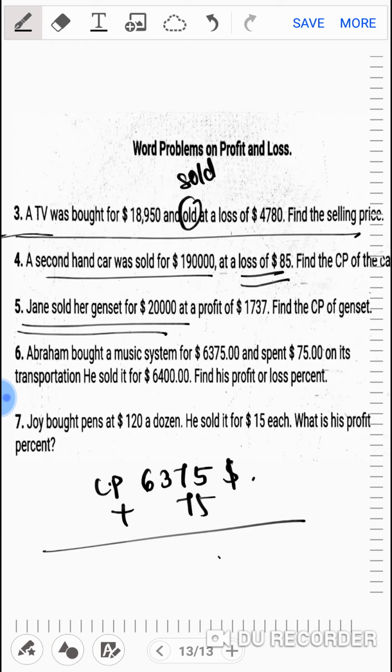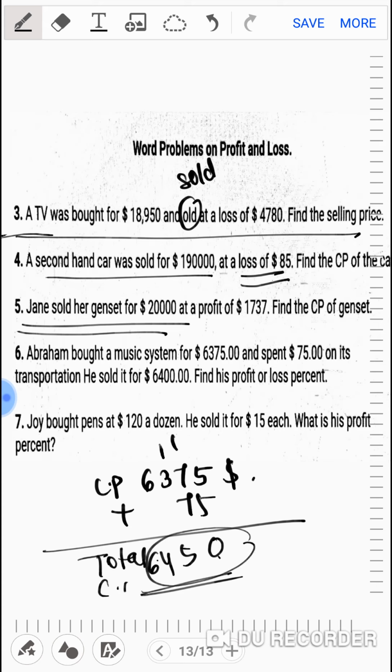Abraham bought a music system for 6375 and spent 75 on its transportation. So whatever expenses you are making on the article, you have to add those expenses into your CP to get the total CP. So you will add those expenses.